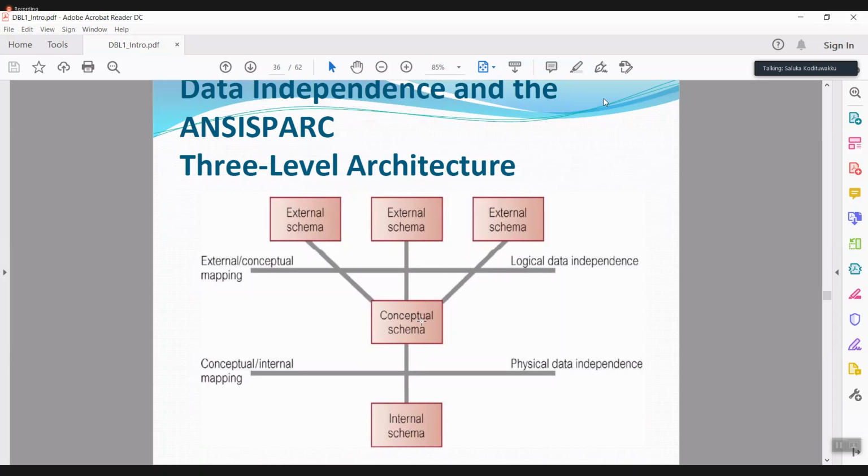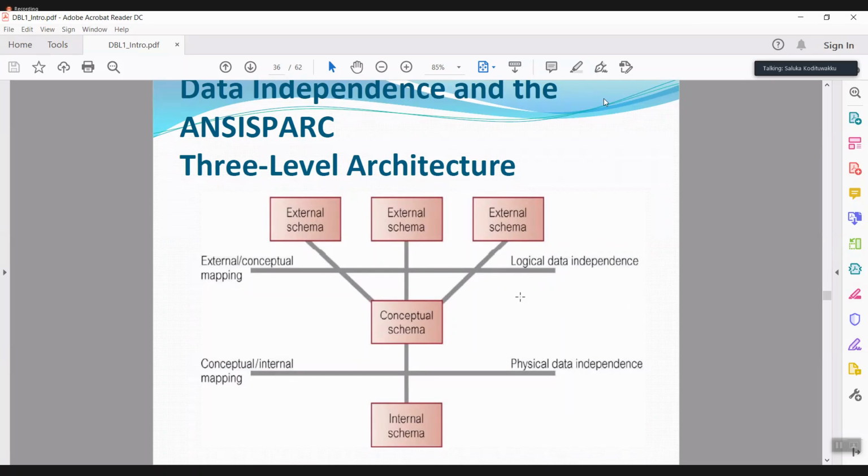Then the application is written with age as a value, but in the conceptual schema age is not there, only date of birth. Since date of birth is available, age can be computed by subtracting the date of birth from the current date. That is achieved through logical data independence.